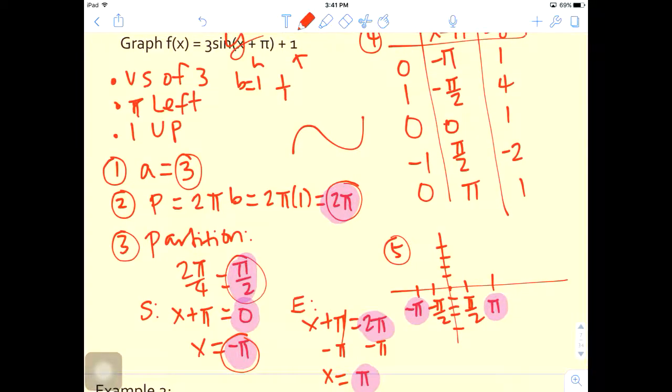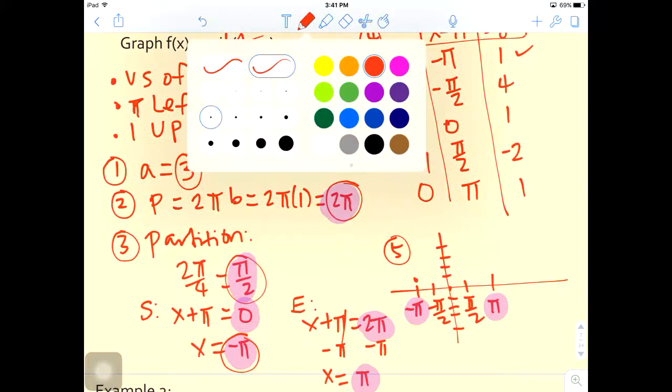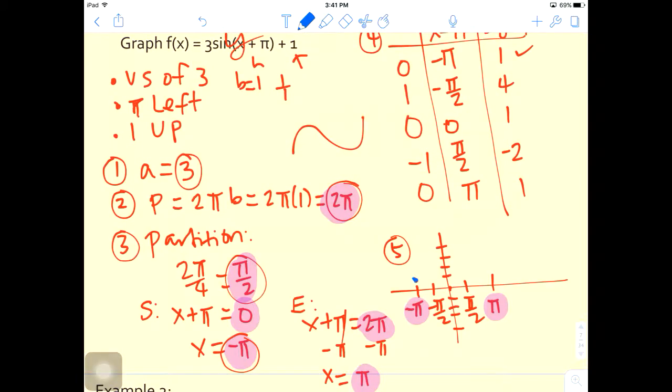So at negative pi, it is 1. At negative pi over 2 is 4. And then at 0, it's 1. At pi over 2 is negative 2. And then at pi, it is back at 1. And so this is the new graph.